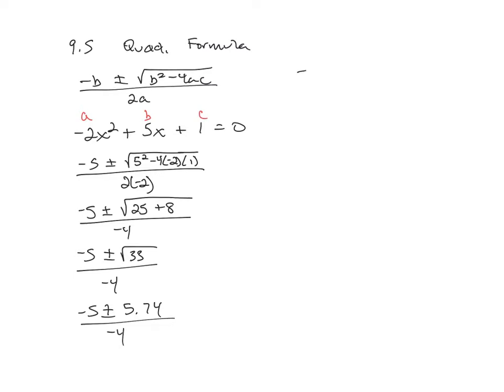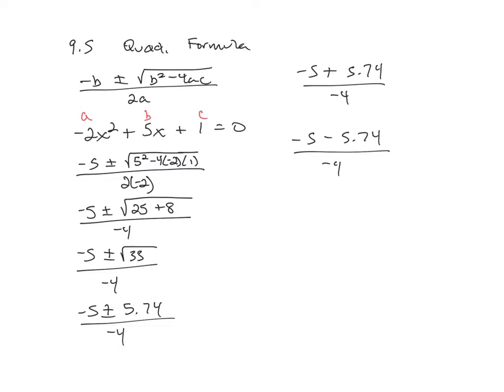We need to do negative 5 plus 5.74 over negative 4, and then we need to do negative 5 minus 5.74 over negative 4. So use a calculator, no problem.